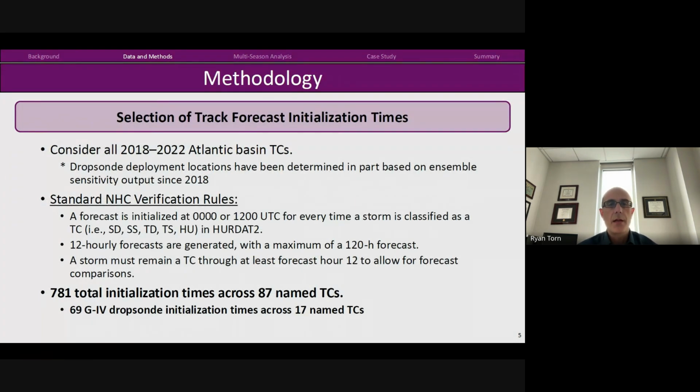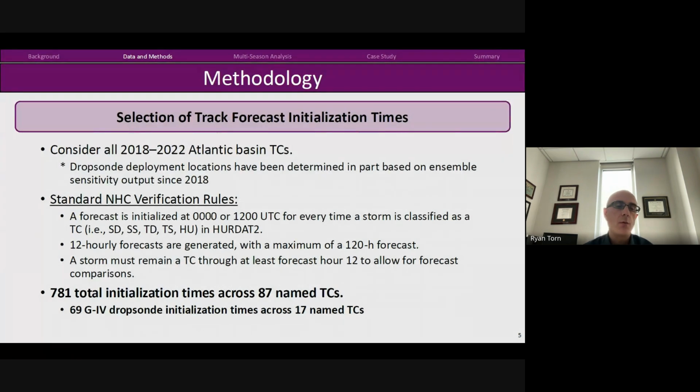So a little bit on the methodology here. We're considering all storms, all initialization times from 2018 to 2022 in the Atlantic Basin, which overlaps with that ensemble sensitivity period, using the standard NHC verification rules. So looking at 0 and 12 UTC initializations, it has to be a tropical cyclone at the verification time. And so that yields us 781 total initialization times at 0 and 12 UTC across 87 named storms from that period.